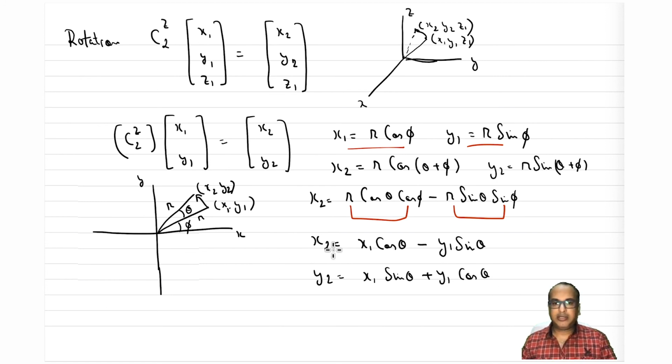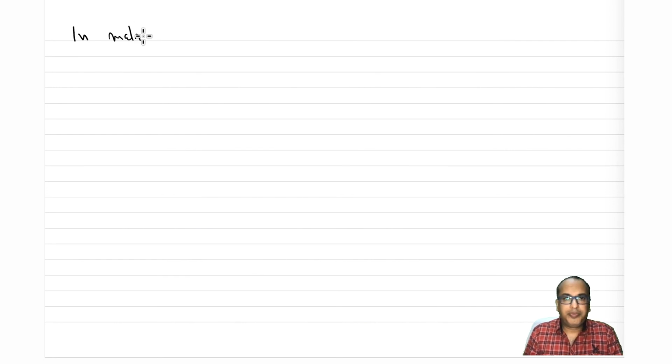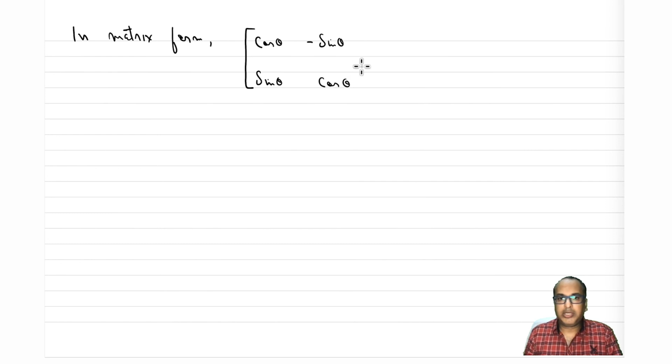So now if I write this in matrix form, what do I get? In matrix form, the above equation can be written as the matrix cos theta, minus sine theta; sine theta, cos theta, multiplied by x1, y1, which gives me x2, y2.